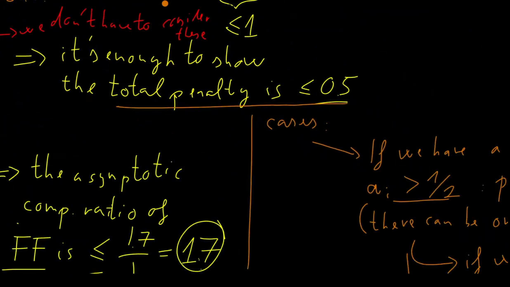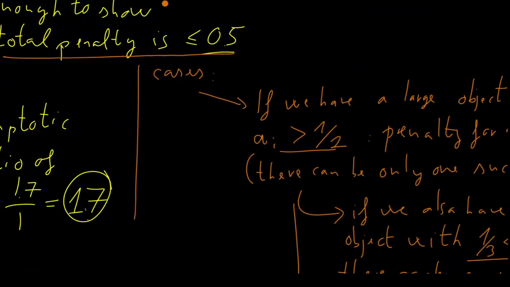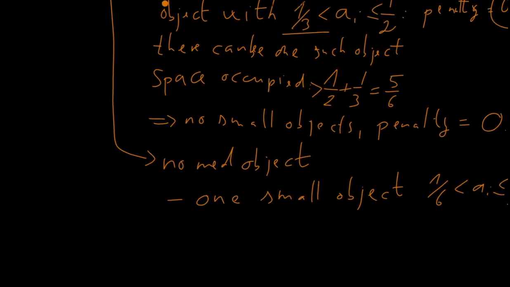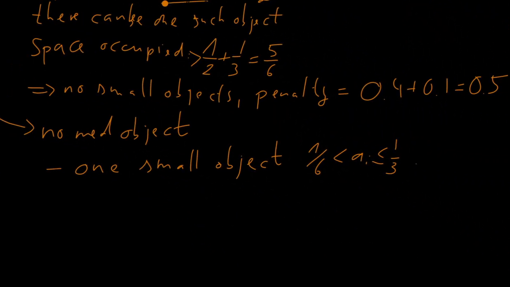Now if we do have one such item, one small object, then its penalty is between 0 and 0.1.